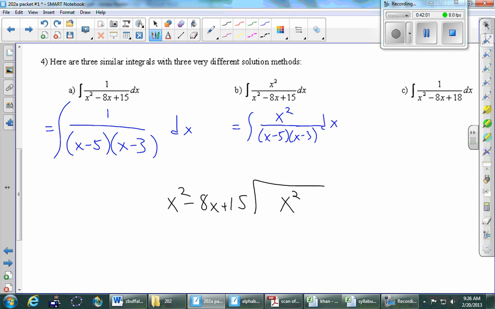Okay, let's see how much we remember about polynomial long division. Yeah, you can stick on some plus zeros if you want to. All right, the basic idea is to take this thing right here and divide it into the thing inside. How many times does x squared go into x squared? Once. One goes up here.